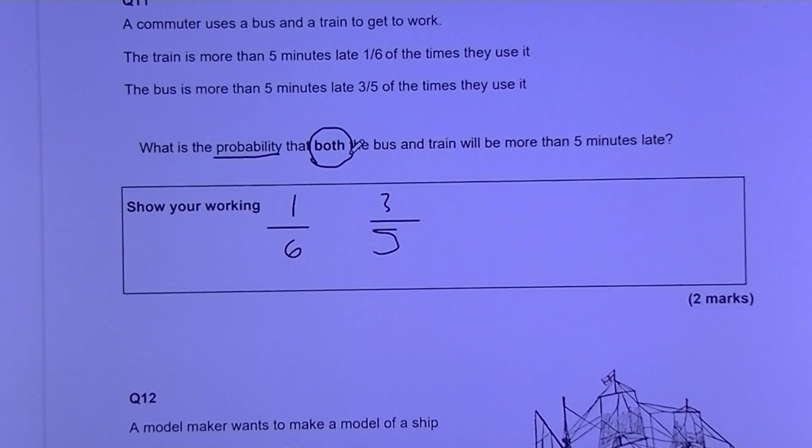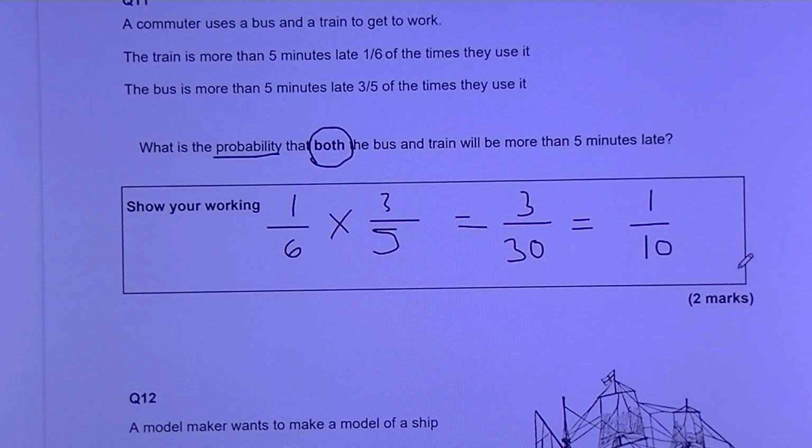To find the probability of 2 events we multiply, and when we multiply fractions we multiply across the top: 1 times 3, and the bottom: 6 times 5. We simplify that, divide both by 3, and get 1 over 10.